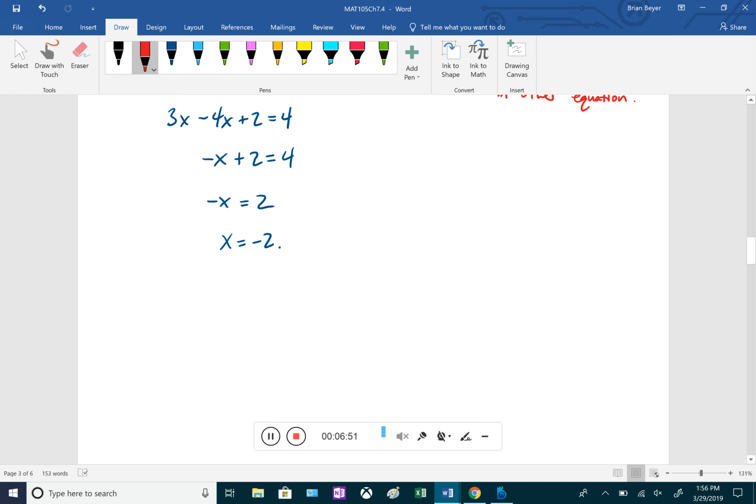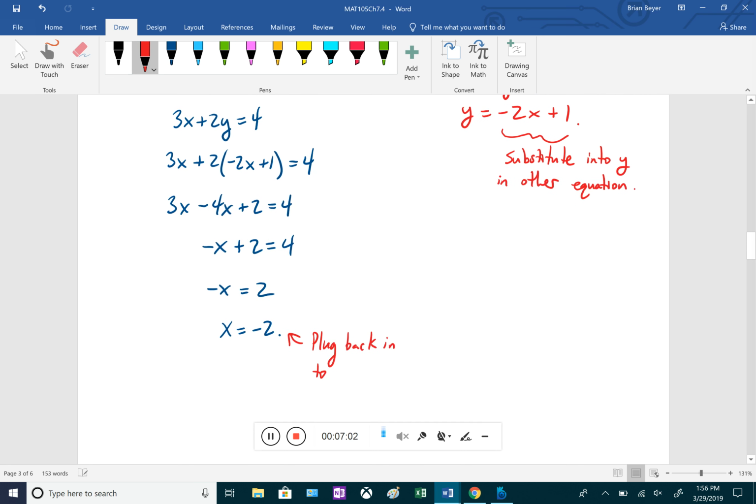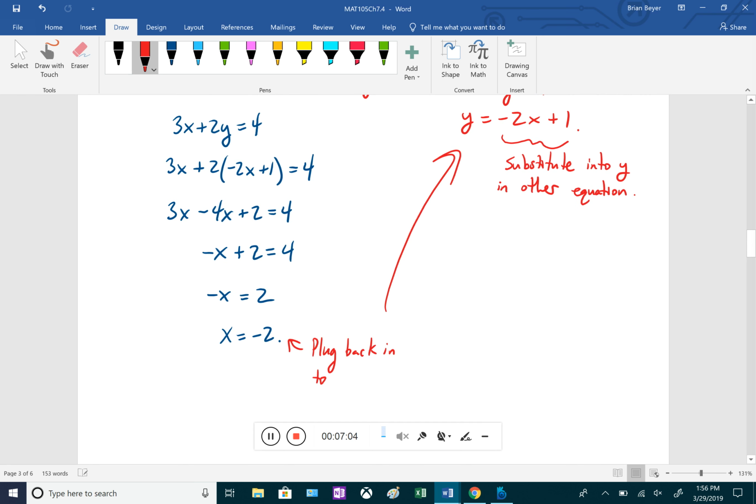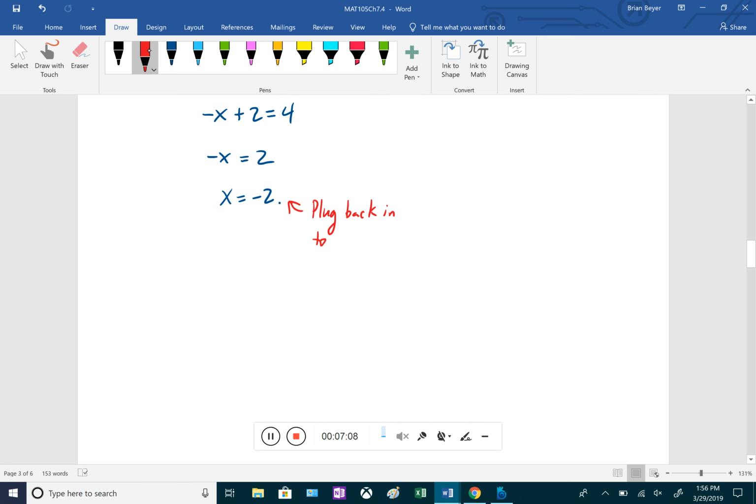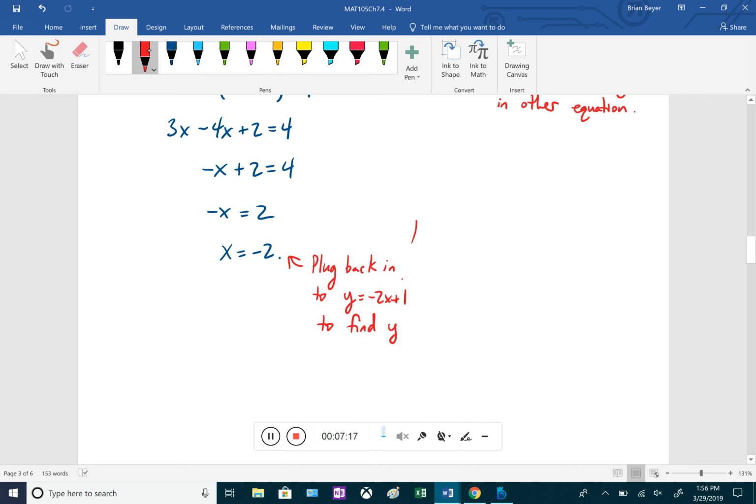So now we have to find y. So we're going to take this value, and we're going to plug back in to that equation that's right up here. We're going to plug back into y equals negative 2x plus 1 to find y. I'll do that right here.